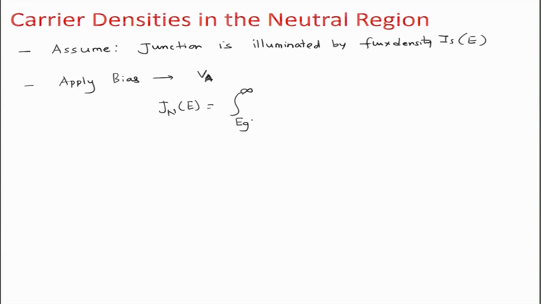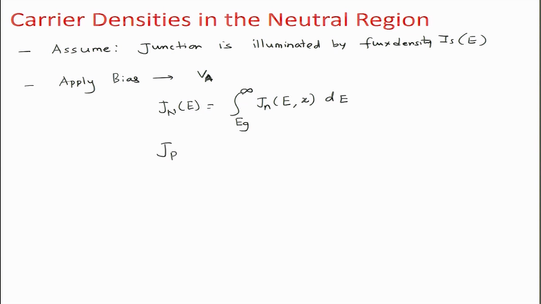So any photocurrent that you produce as a result of illumination will correspond to only those energies which are higher than the band gap. So you integrate from band gap to infinity. For each energy you will have a current, and then you integrate, right.